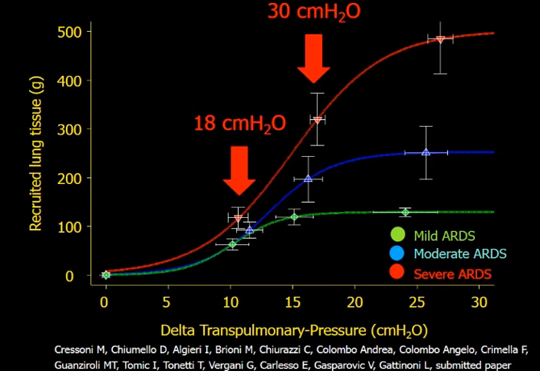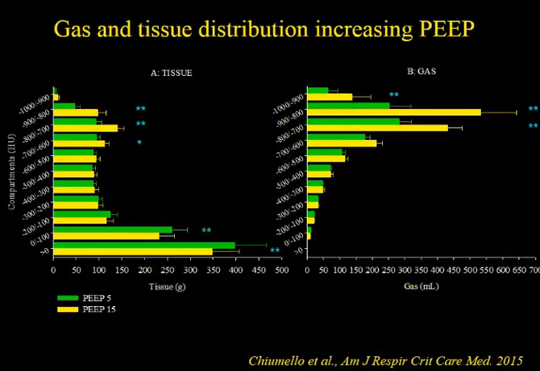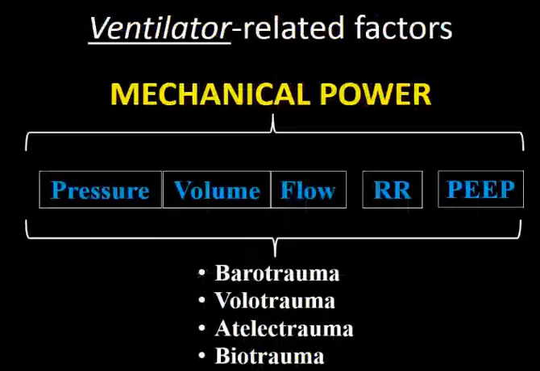And this is the transpulmonary pressure and recruitability in patients with mild, moderate, and severe ARDS. We have different words: recruitment, mechanics, mechanical power. Now, I saw also in this meeting there is a title, Energy, Driving Pressure versus Mechanical Power.